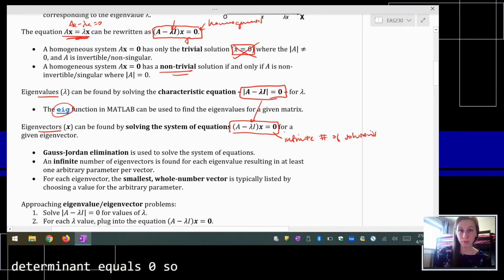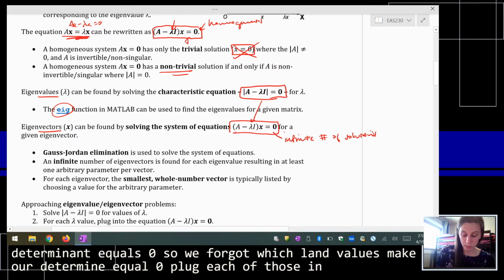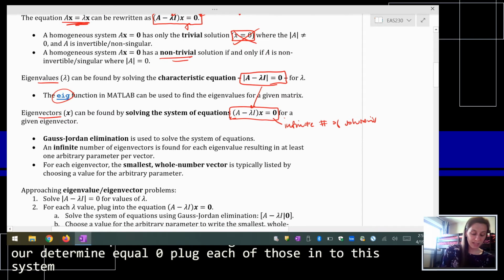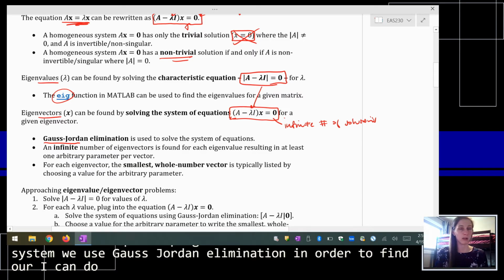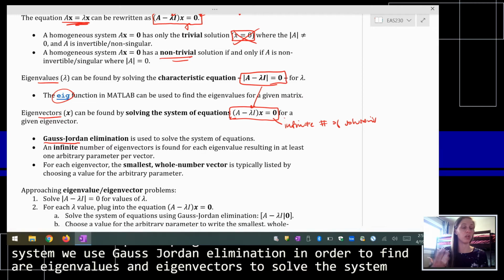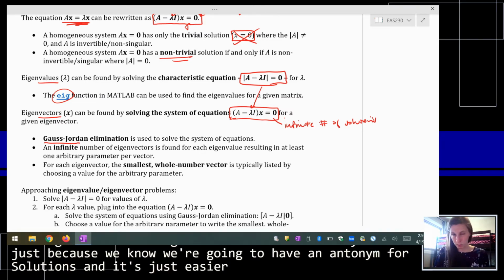So we figure out which lambda values make our determinant equal 0, plug each of those into this system. We use Gauss-Jordan elimination in order to solve the system, just because we know we're going to have an infinite number of solutions, and it's just easier to use Gauss-Jordan elimination.